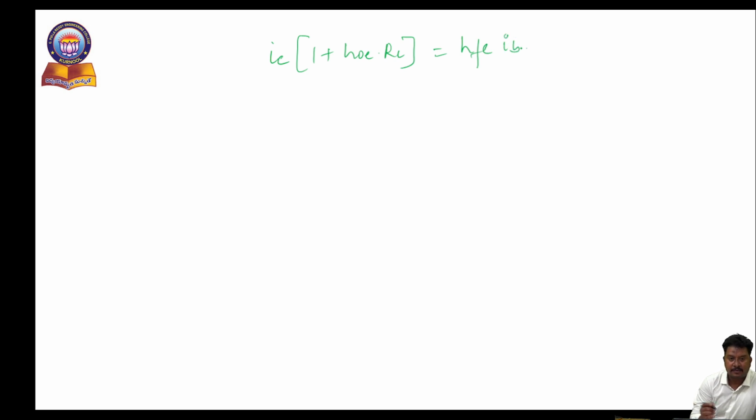So now, as we know from the basic definition of current gain, output current by input current, IC by IB is equal to HFE by 1 plus HOE into RL. So this is the IC by IB.